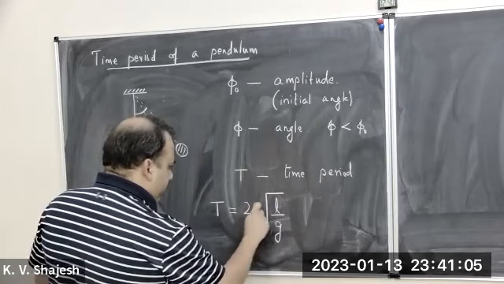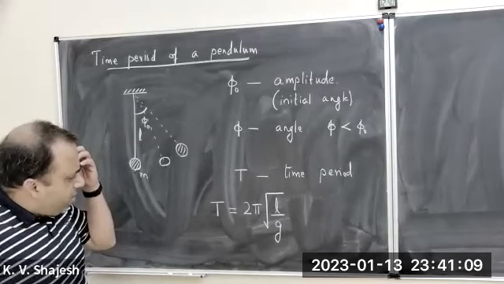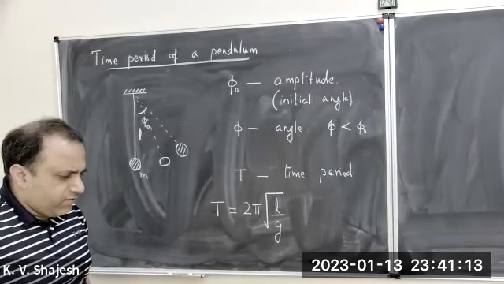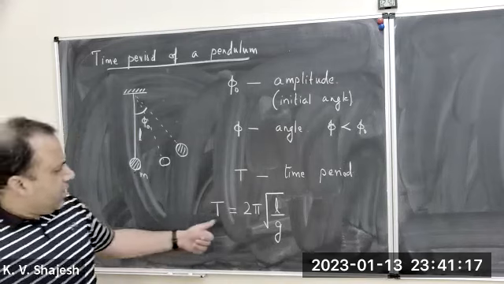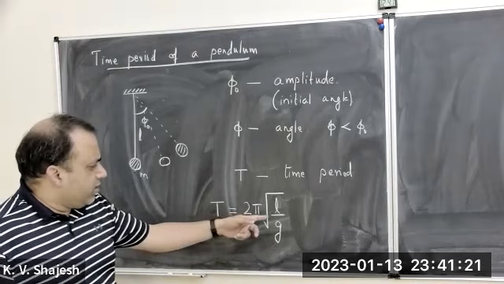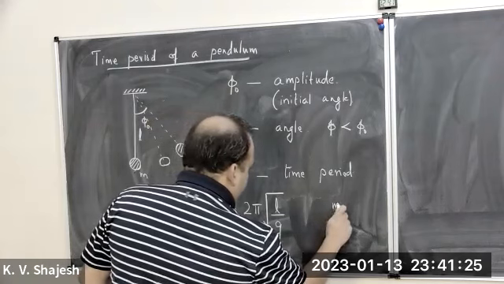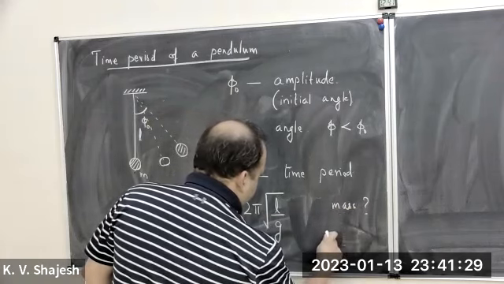There is a factor of 2 pi there. This is a pretty remarkable result. I think it is associated with Galileo, in the 1600s, and note that it is independent of mass. So there is no mass in here, and there is no amplitude.